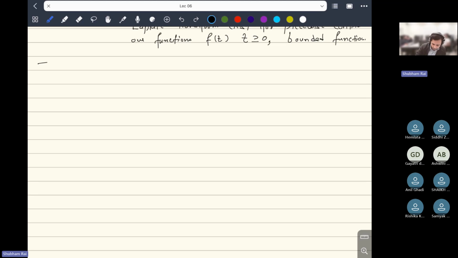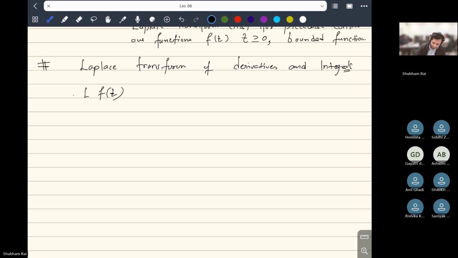Anyway, so let's do the Laplace transform of derivatives and integrals. We know that the Laplace transform of f of t is capital F of s.